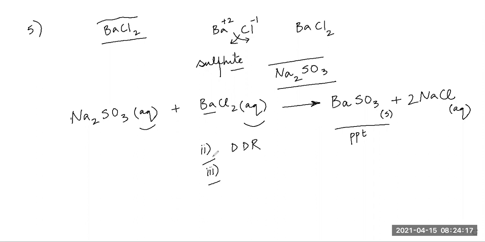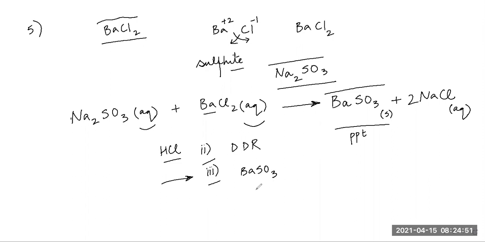Third, on adding dilute hydrochloric acid, HCl, to the reaction mixture, the white precipitate disappears. Why? Very good question. What we got is the precipitate BaSO3, barium sulfite, right?